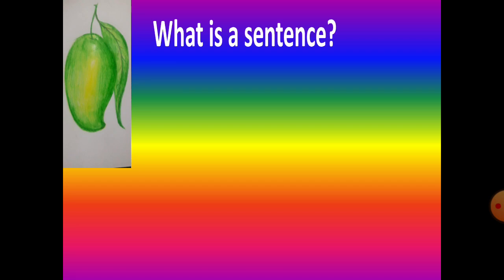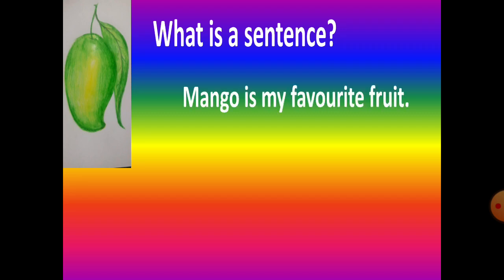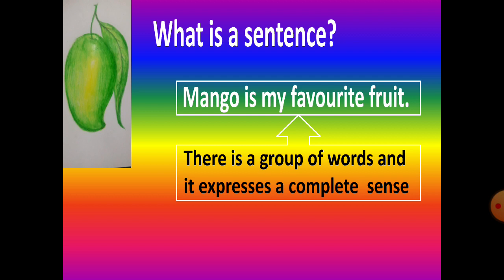Let's see the next picture and the question. What is a sentence? Can you guess from the examples what a sentence is? I'm giving another example here: "Mango is my favorite fruit." Look carefully. This sentence is a group of words and it expresses a complete sense.